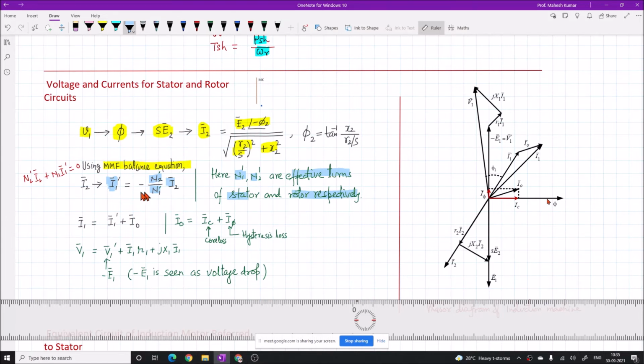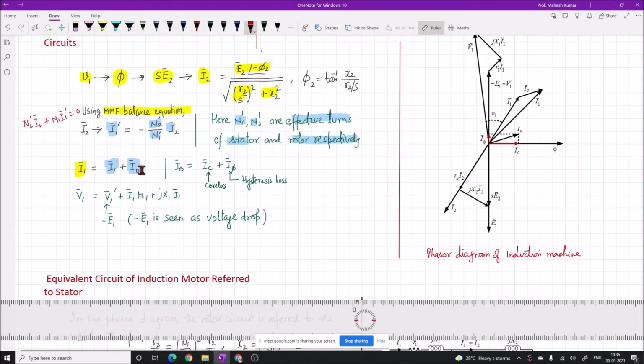So once we know the I1 dash, then we add the no load component of the stator winding, I0. So I1 dash plus I0 makes the net current I1. The net I1 from the stator here is I1 dash plus I0.